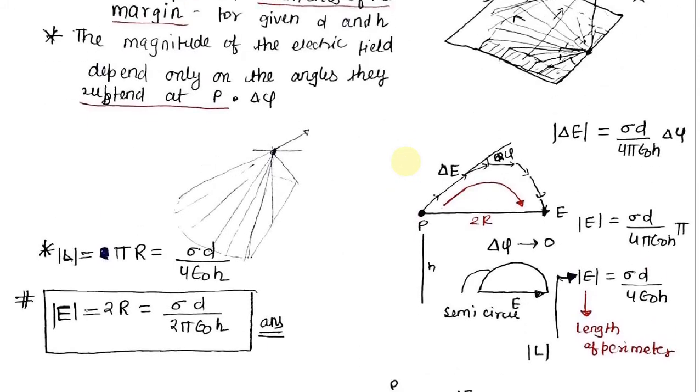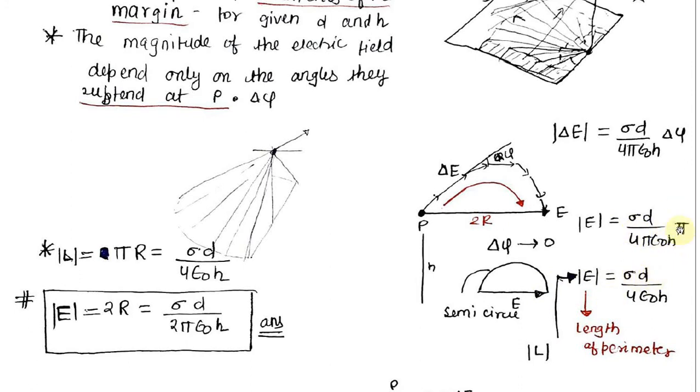So here, from each delta E, there will be a del psi type of thing, as we will see here. And this is the perimeter of a semicircle. As del psi tends to 0, this is a semicircle. So we mark the length of the perimeter by integrating it, or you can just do a simple summation.